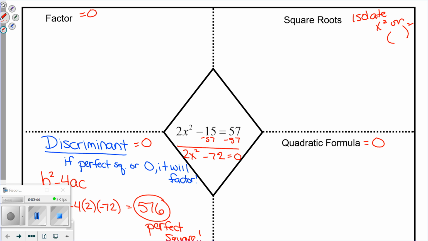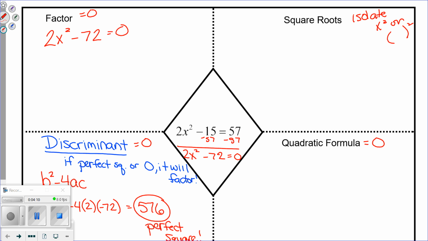So what's the only type of factoring that could be? What's my favorite? Difference of squares? You guys with me on that? The way it sits, they're not both squares. Is there a GCF in this? Yeah, so we know it factors. And it's okay if you don't recognize it, that's perfectly fine. That's why we have the discriminant. That's why it helps you figure that out.